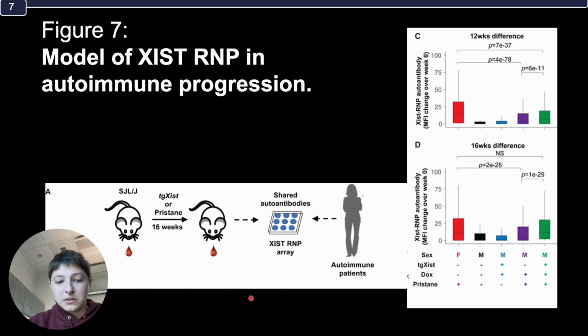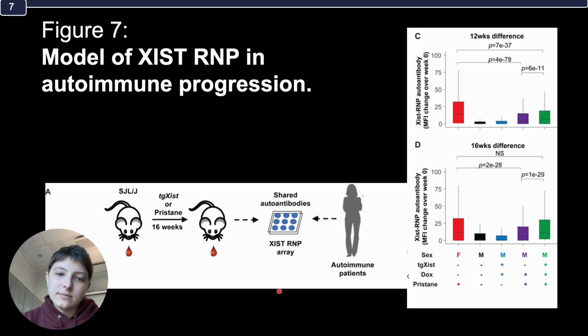This figure 7, they're looking at, okay, so they're comparing mice with SLE and autoimmune patients, and seeing if there's shared autoantibodies.